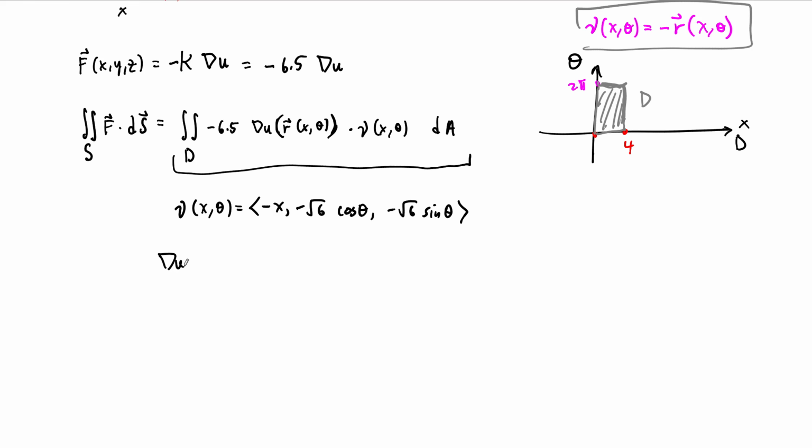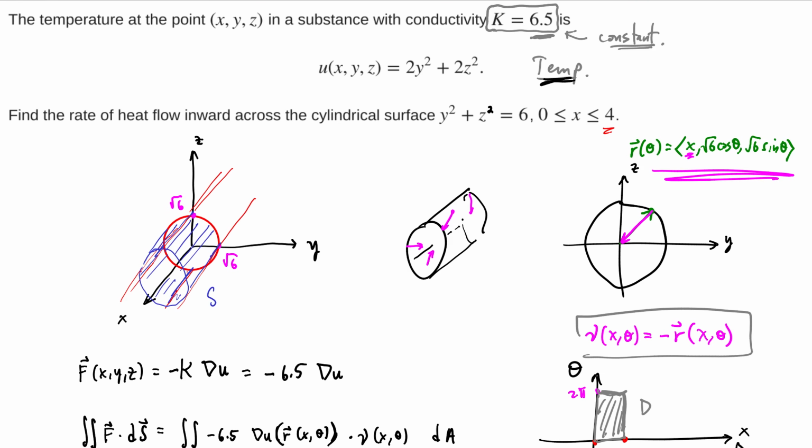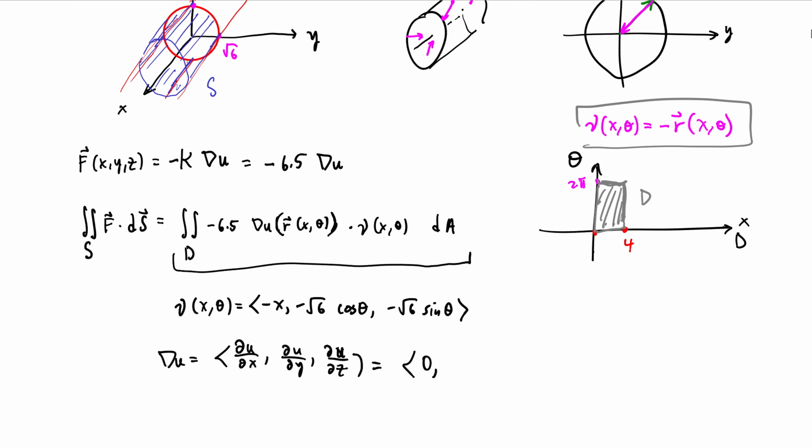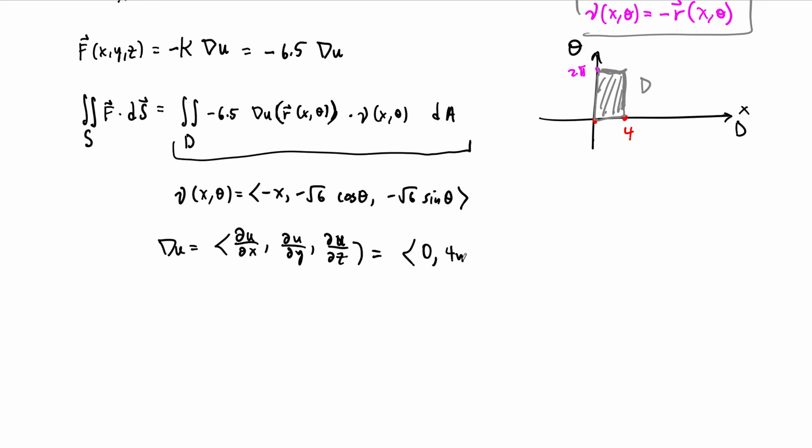Okay? So the gradient of u, this is always du/dx, du/dy, du/dz. We compute this in the x, y, z coordinate system first. There were no x's in that formula. And then remember, the heat function is 2y squared plus 2z squared. So that's just going to be 4y and then 4z.